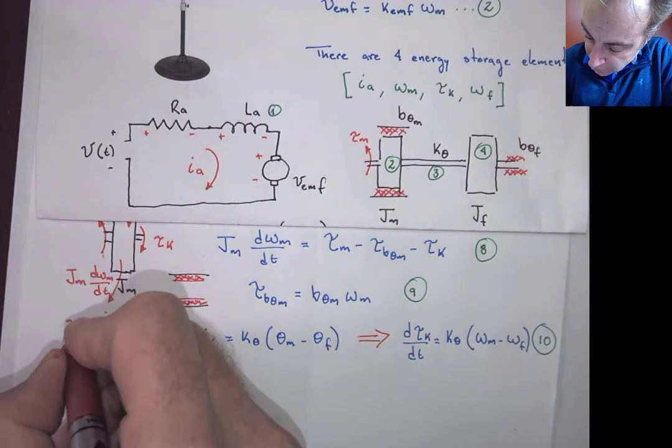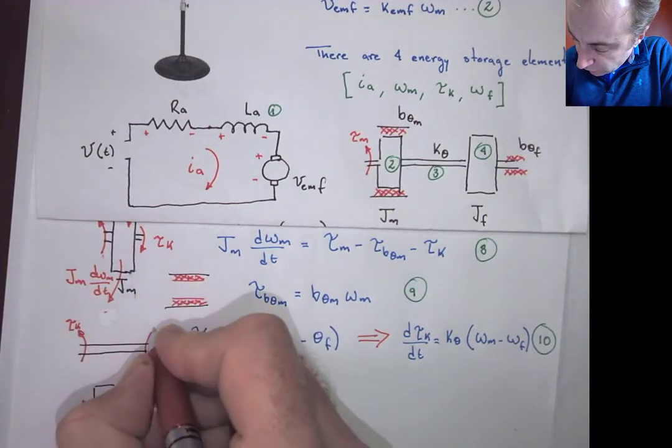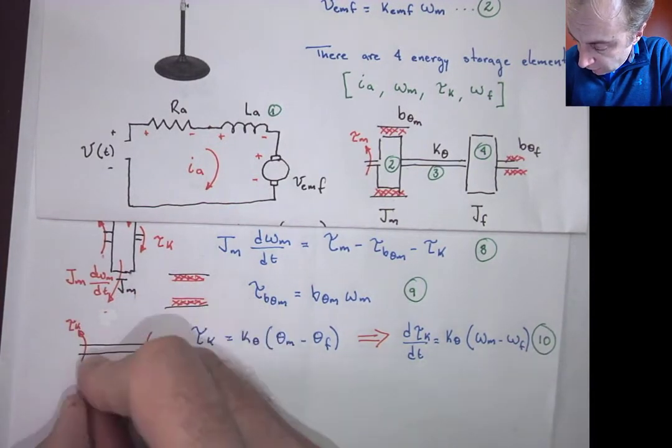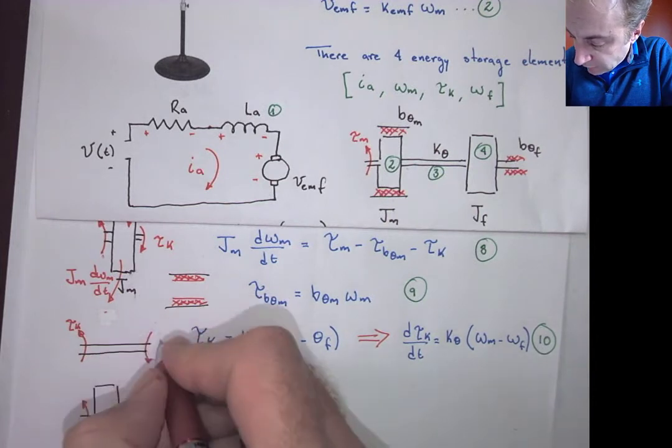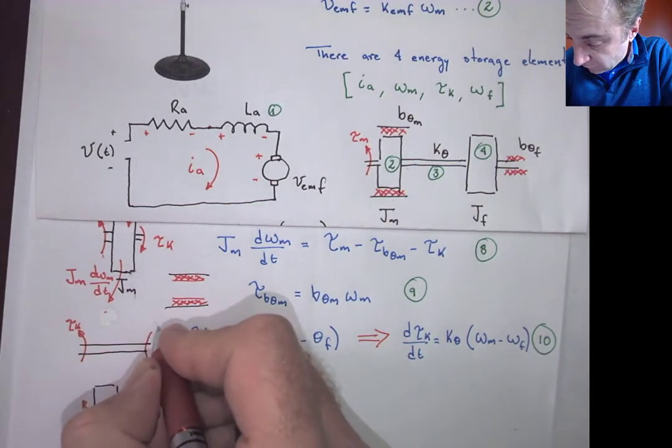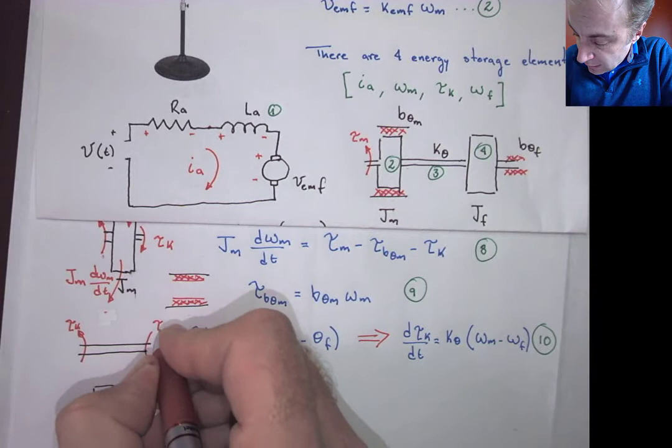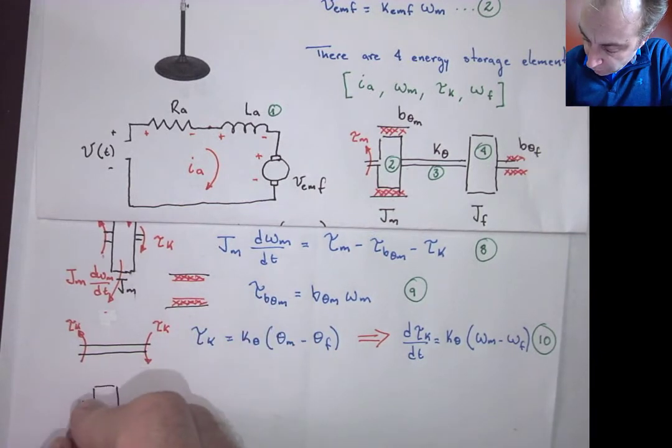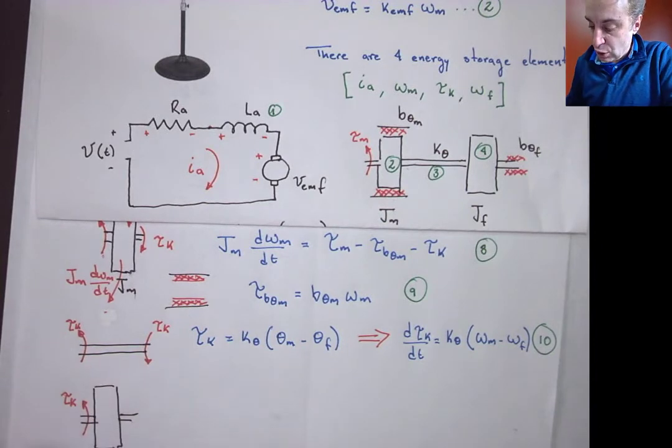So this is tau k, the through variable along the flexible shaft or torsional shaft, and this is the torque being applied to the inertia element.